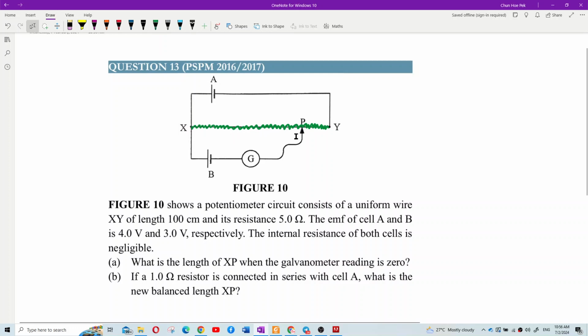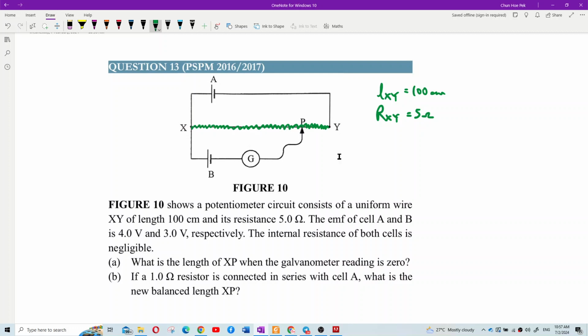XY is a very long resistor, 100 cm long. This XY is a resistor of 5 ohm. The whole length from X to Y is 100 cm. Resistance XY, the whole length, is 5 ohm. Okay, class? Yeah, 5 ohm.